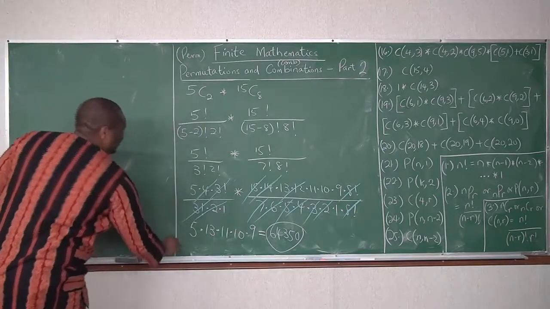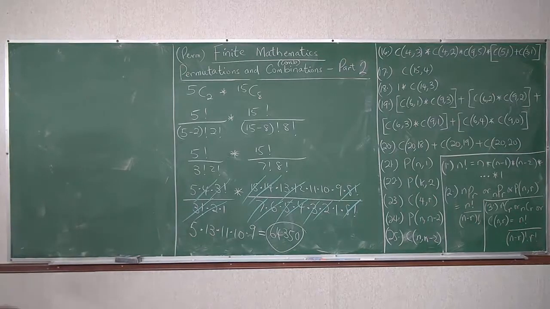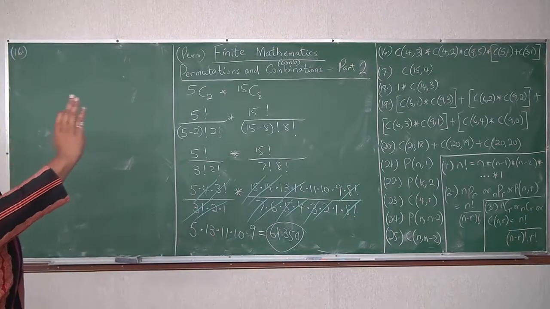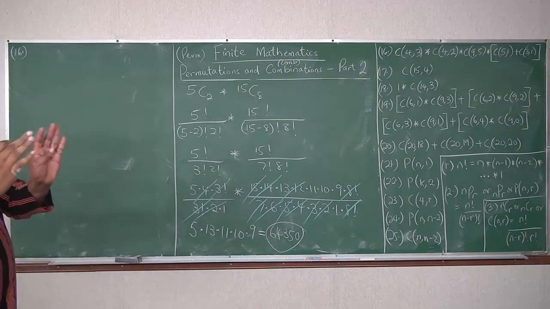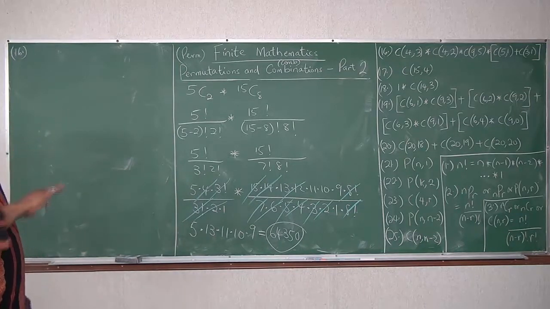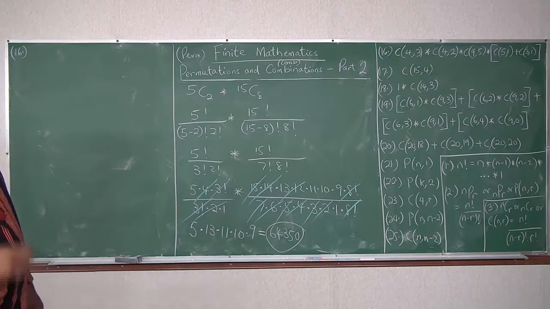Question 16. We will still do the parentheses, but let's see whether we can multiply and cross out first, and then do the parentheses, add it up, and multiply later.